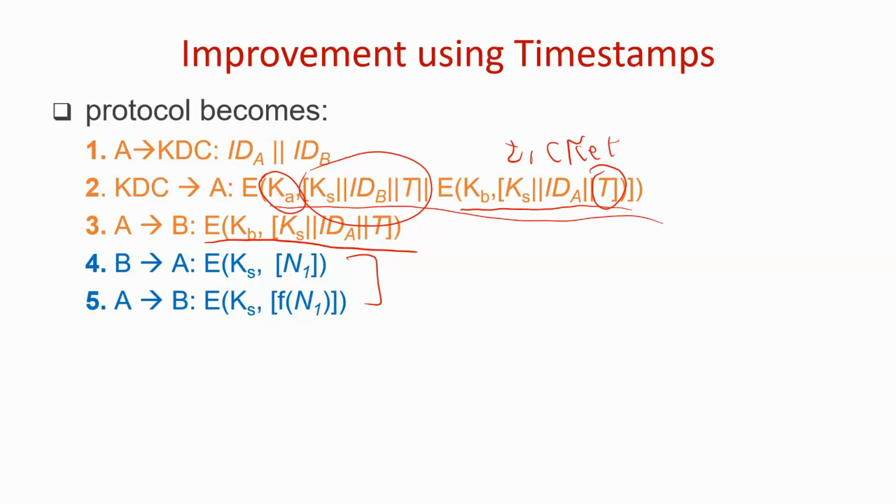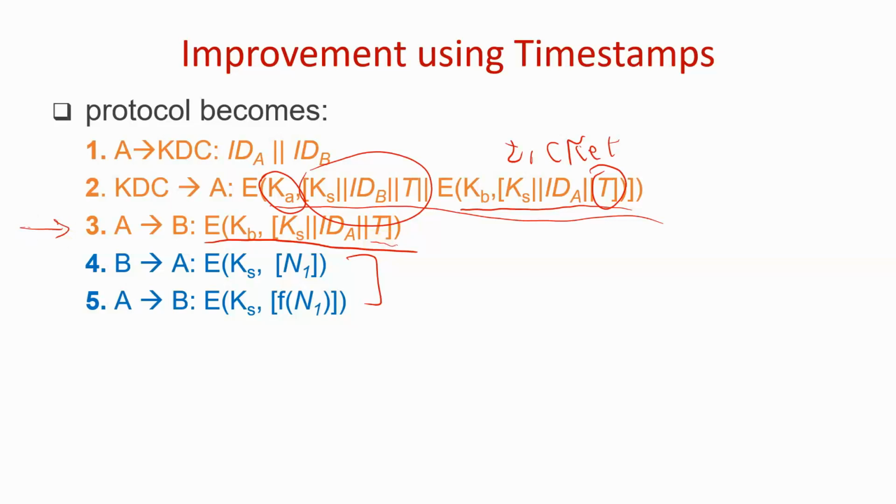Okay, so how does this actually fix the problem? Consider what happens when an expired session key is made available to an attacker, and now the attacker wants to try and replay message 3 just as last time. Now the problem here is that the timestamp would have expired.